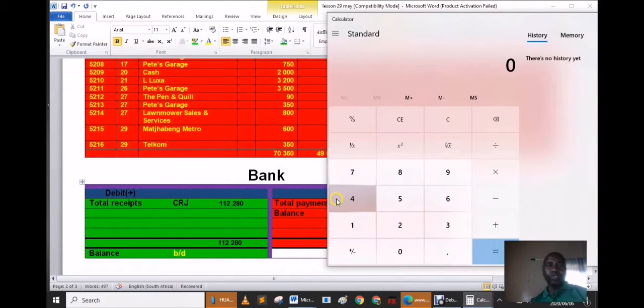okay, so I'm going to say 112,280 minus the amount that I got from my CPJ, which is 70,360.